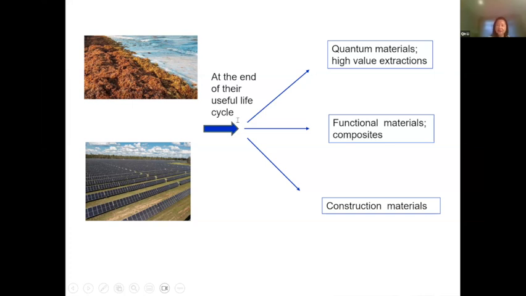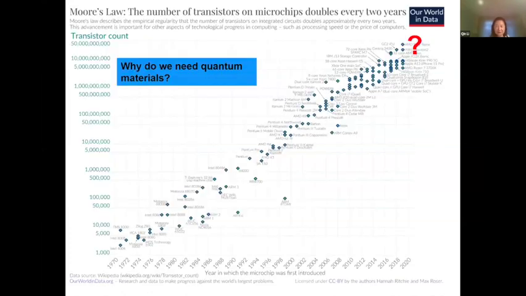But there is also another pathway, which is to make them into quantum materials. And so now the question is, what are quantum materials and why do we need quantum materials? And to chemists, it's not necessarily so obvious what quantum materials are.